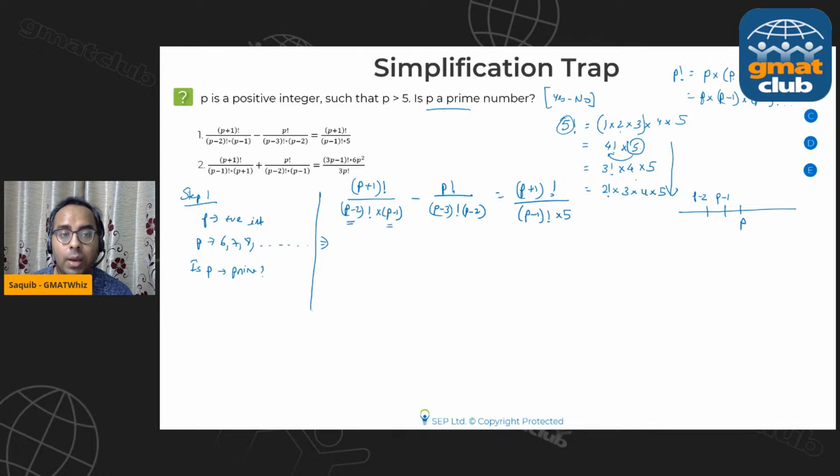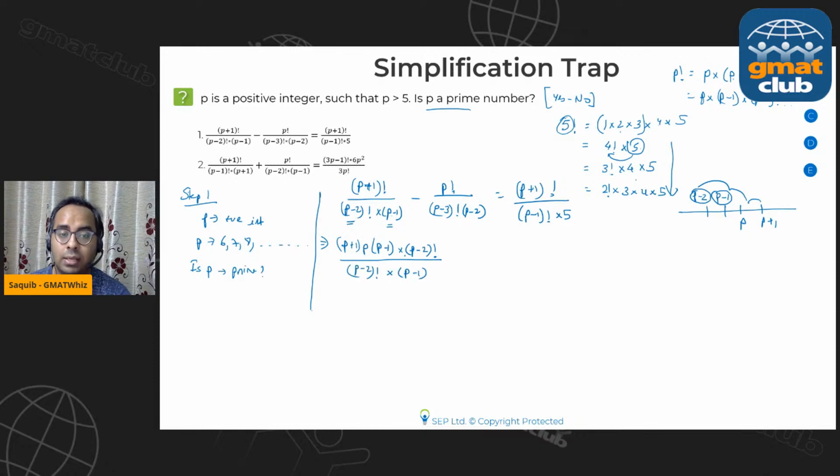In the numerator, you have p plus 1. If you want to cancel p minus 2 and p minus 1, you need to break down p plus 1 into something like this. So I write it as (p plus 1) times p times (p minus 1) times (p minus 2) factorial, divided by (p minus 2) factorial times (p minus 1).